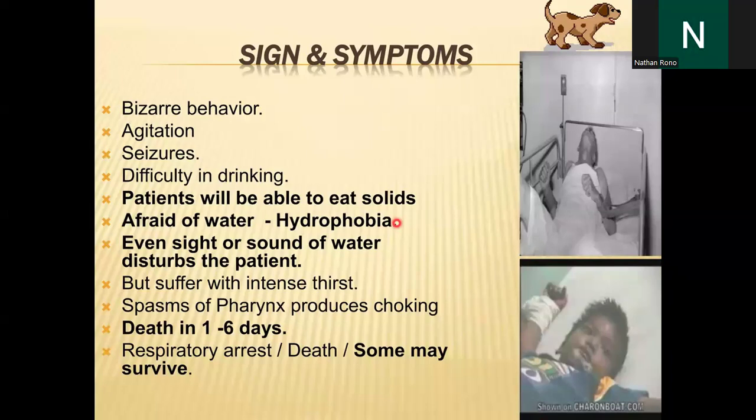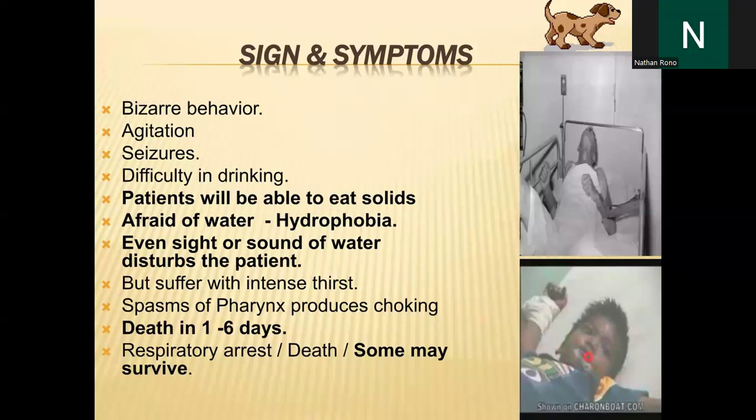As you can see here, I've written, even the sight or sound of water disturbs the patient. I think I should show you a video where if they see water or even hear about water, they start getting spasms. In Kiswahili, they call it povu. It's foam.